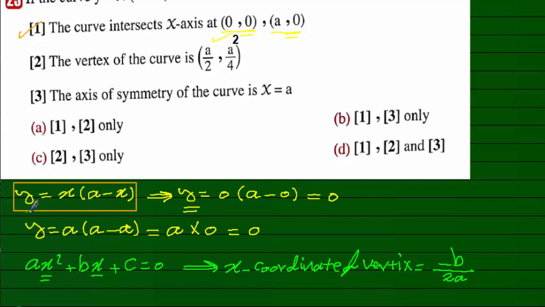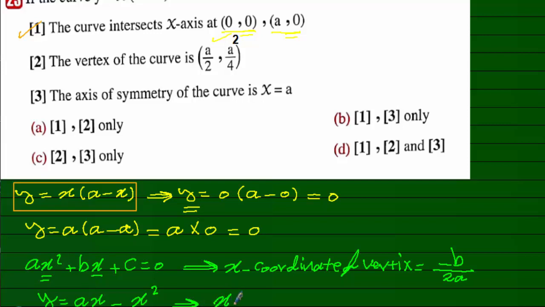In this curve we have y equals x multiply a, it is ax. X multiply negative x, it is negative x power 2. So the coefficient of x squared is negative 1, and the coefficient of x equals a.